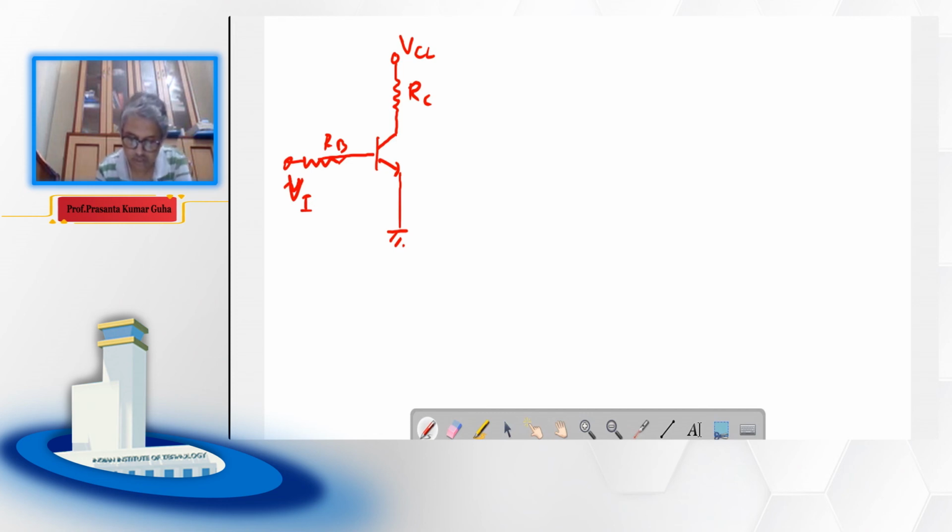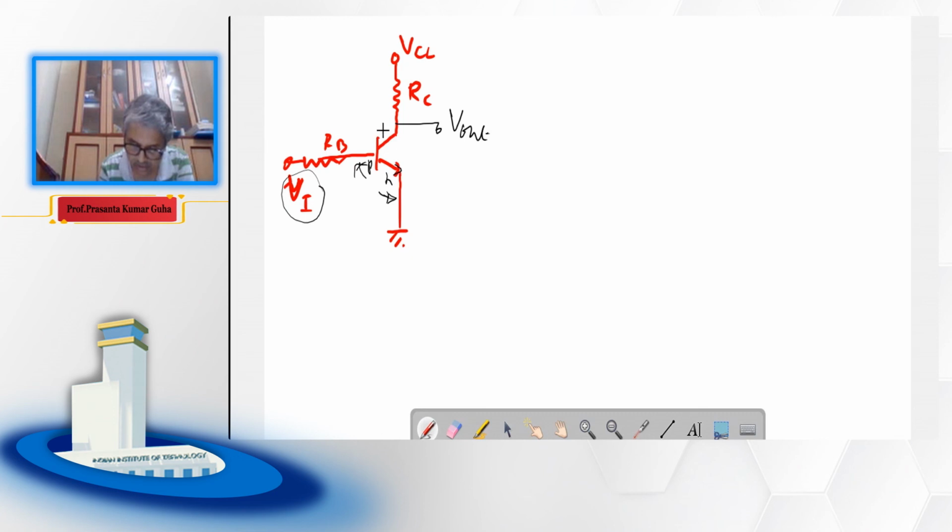Right, so if Vi is less than 0.7 volt, and this is my V out, I am using the common emitter configuration again, and this is an NPN BJT.